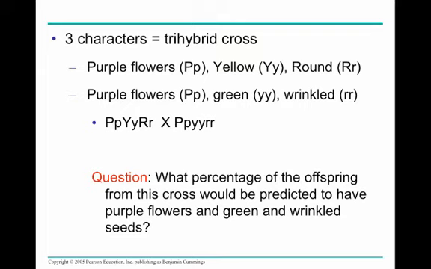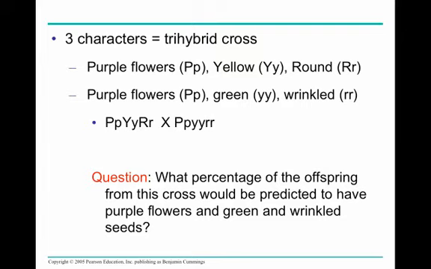Okay, so we have our genotypes for the parents shown here, heterozygous for each of these characters in one parent, and then homozygous recessive for the seed characteristics in the other parent. So there'll be a question, for instance here, what percentage of the offspring from the cross are predicted to have purple flowers, green, and wrinkled seeds?